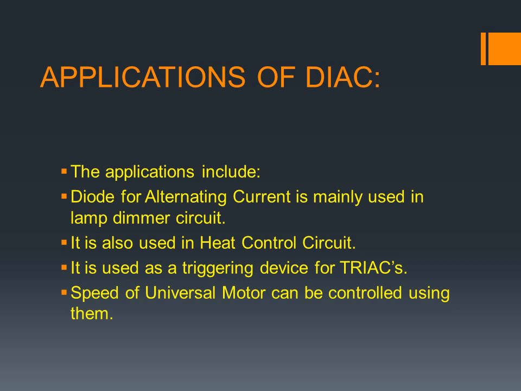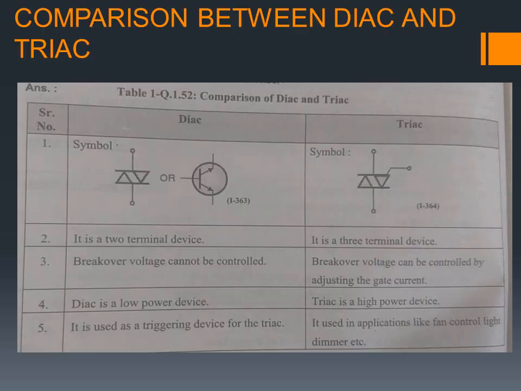So, generally in the market the diac triac pair is available and it has been replaced with the SCR. Why it is replaced, I will tell you just after this. Then the speed of the universal motor can also be controlled using diac.